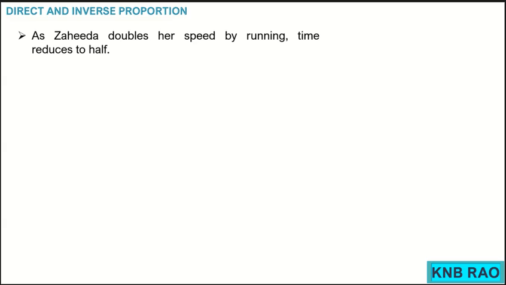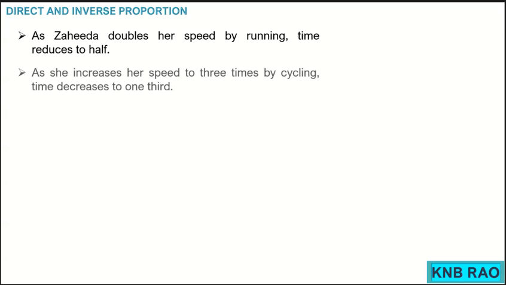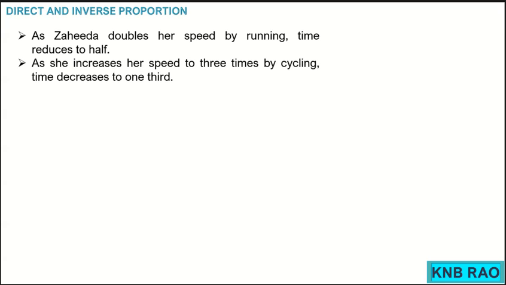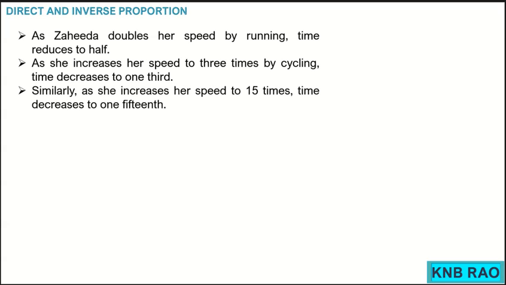Here, as Jahida doubles her speed by running, time reduces to half. As she increases her speed to 3 times by cycling, time decreases to 1/3. Similarly, as she increases her speed to 15 times, time decreases to 1/15th.